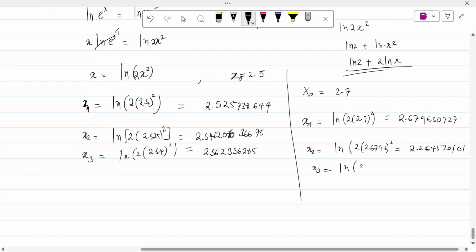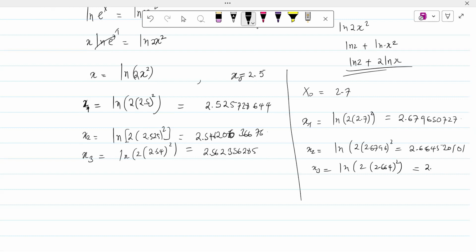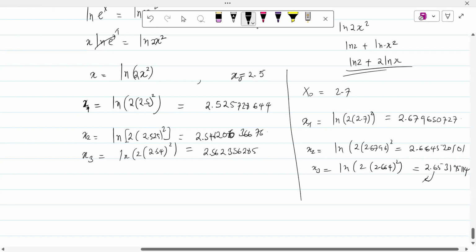You can finish the rest and check them. 2.653195114. So you see, this is reducing slowly, right?